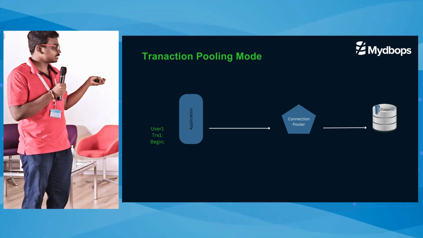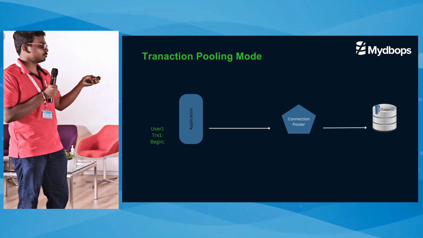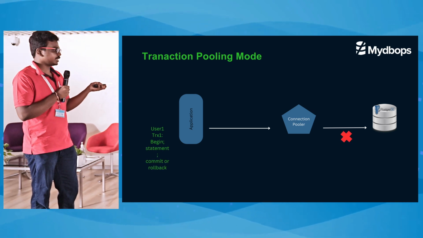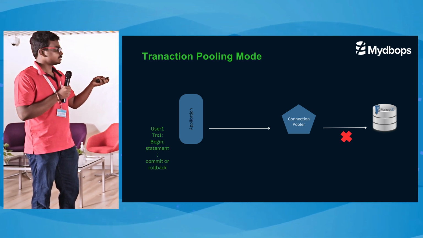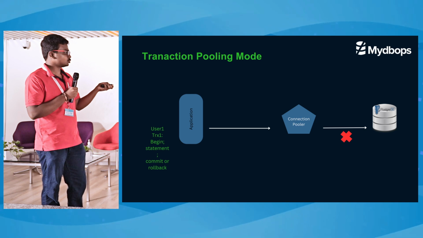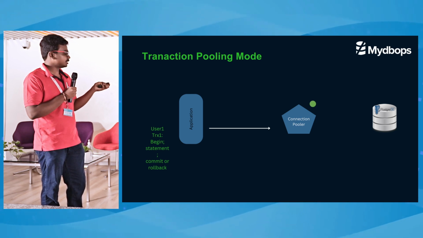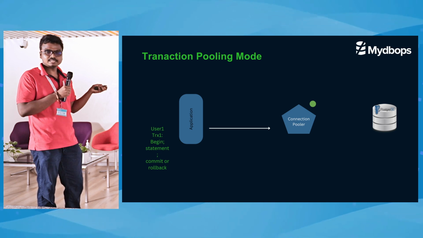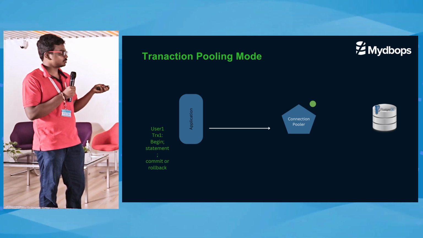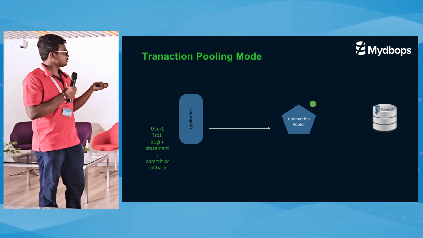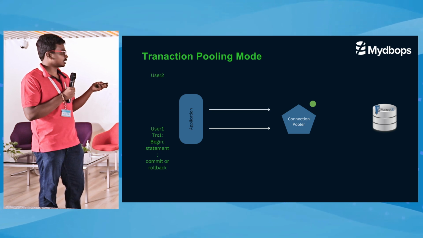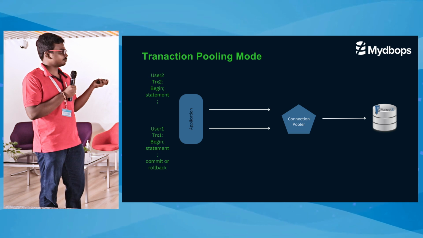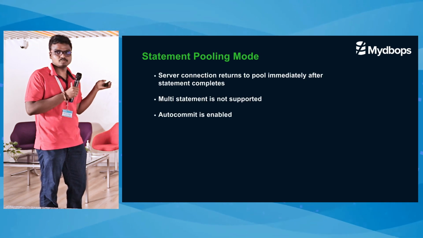Once we commit or roll back, the connection is immediately sent back to the pool. It doesn't need to wait for the application to close the connection. If another user makes a connection and starts a transaction, the same thing happens. So this is transaction mode.